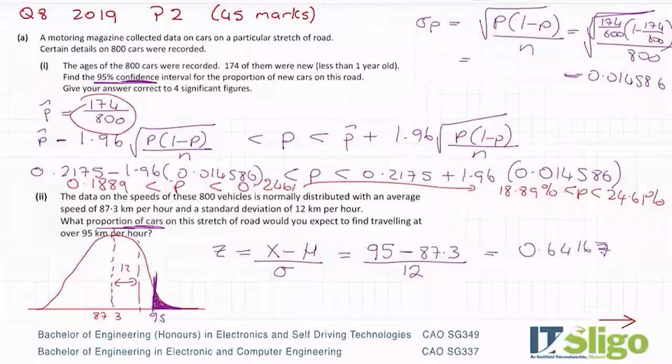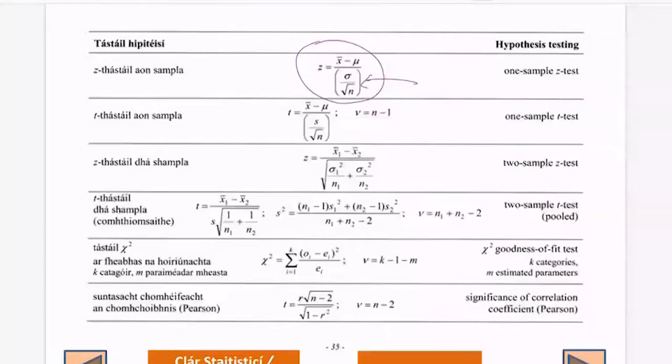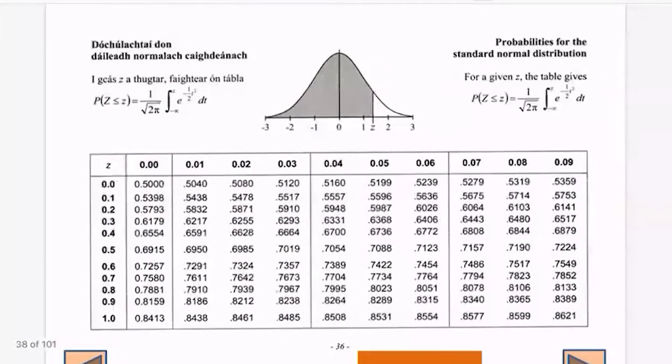Okay, so what did I say? It was 0.64, because I know it's only 2 decimal places I can look up. So 0.6, and there's my second place of decimal. So 0.7389. Do you see it there? 0.64. So 0.7389.